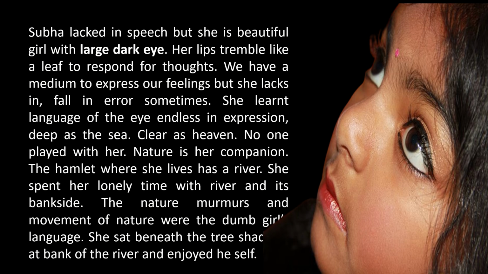She learned the language of eyes, endless in expression, deep as the sea, clear as heaven. No one played with her because she is a dumb girl, so no children came to her. Children, if they speak, make sounds, and then only they attract others by their sounds. So Subha doesn't know anything, so nobody used to come to her to play.